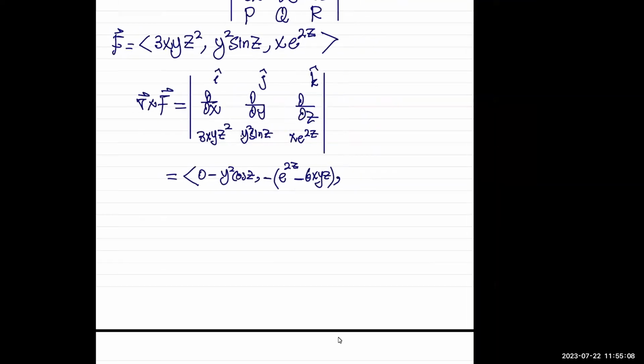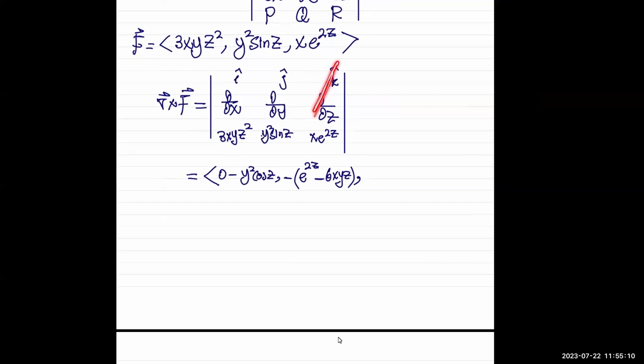All right, and then finally, we cover the third column, and we do the derivative with respect to x of y squared z, which is 0, minus the derivative with respect to y of 3xyz squared. So the derivative of y is 1. We get negative 3xz squared.